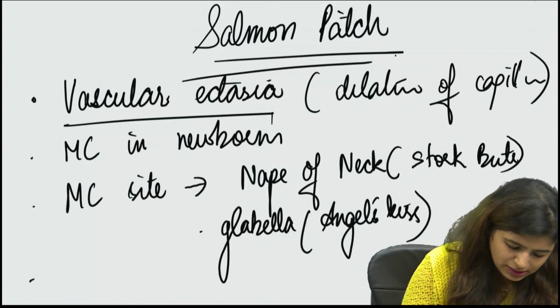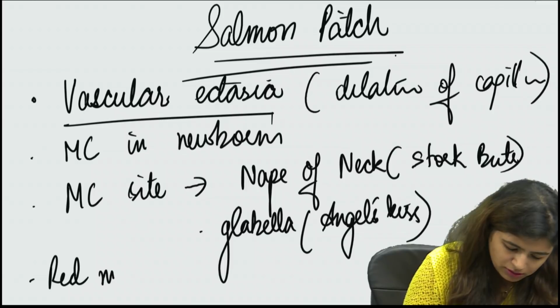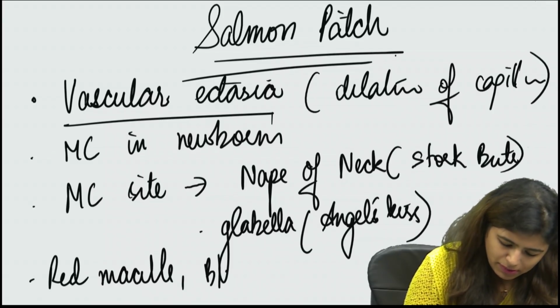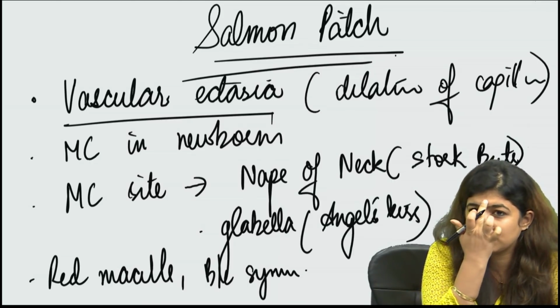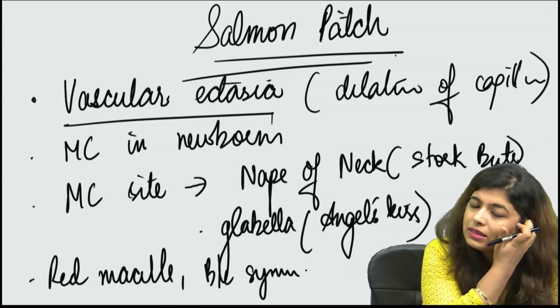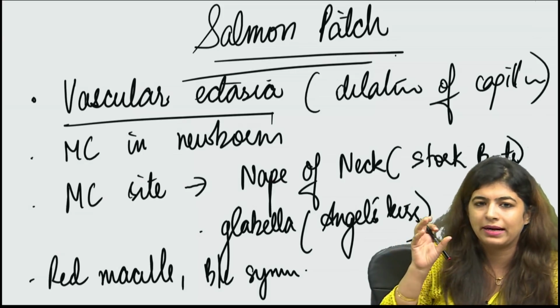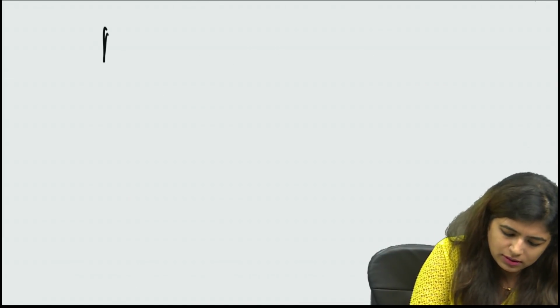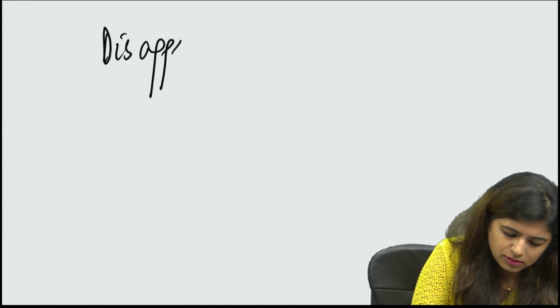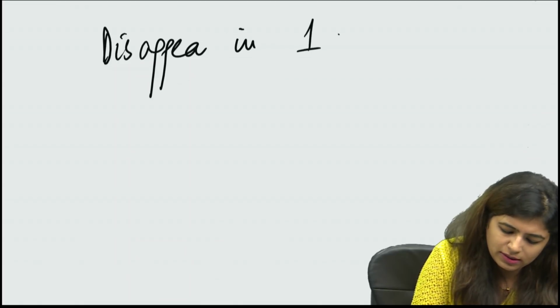It looks like a red macule, and it is mostly bilaterally symmetrical. So if it is in the glabellar region, it will be bilaterally symmetrical. In the nape of neck also bilaterally symmetrical. Asymptomatic, will disappear in about 1 year.